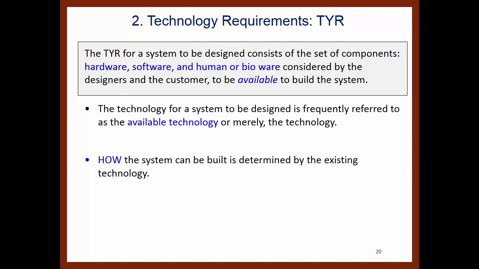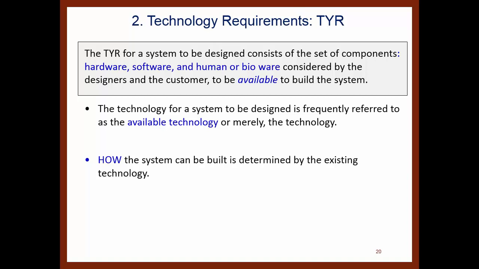Okay, so the technology requirement for a system to be designed consists of the set of components, hardware, software, human, bioware, considered by the designer and the customer to be available to build the system. The technology for a system to be designed is frequently referred to as the available technology or merely the technology.